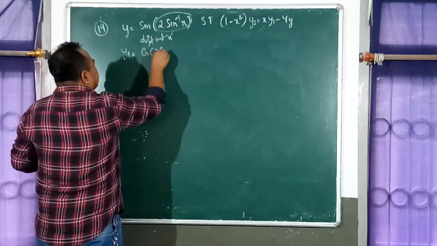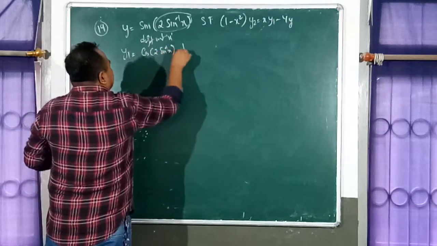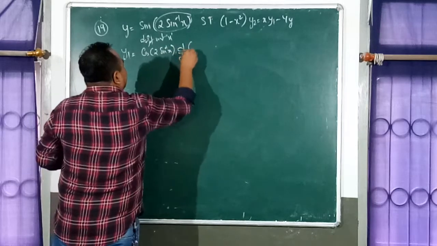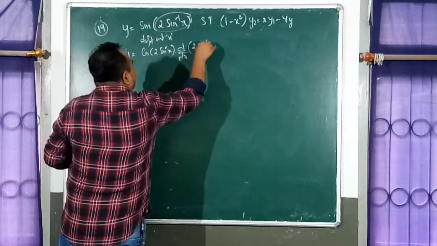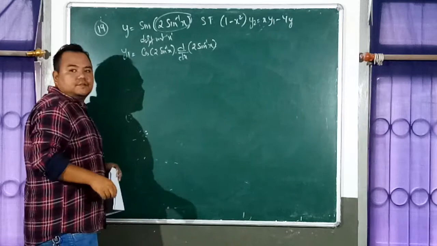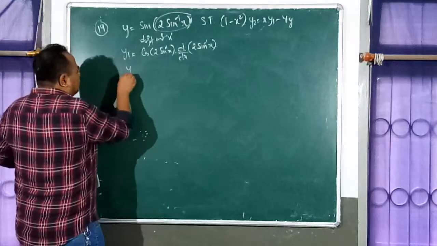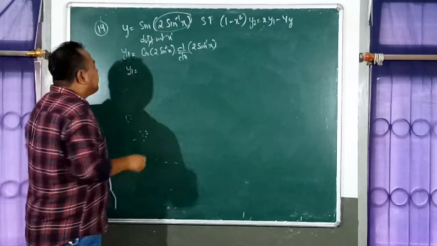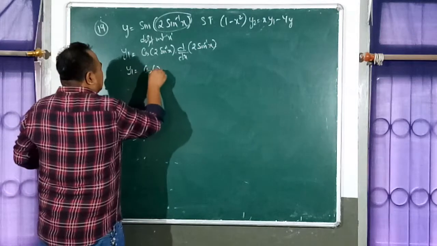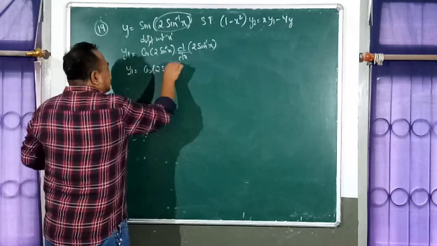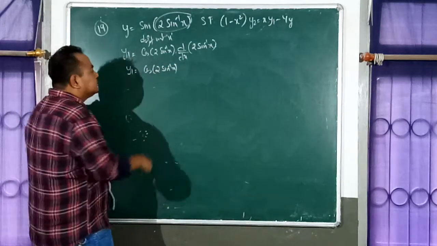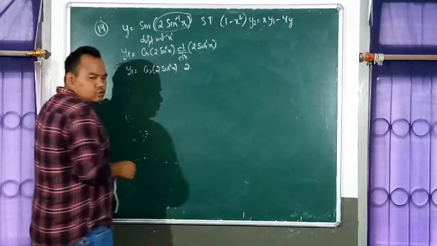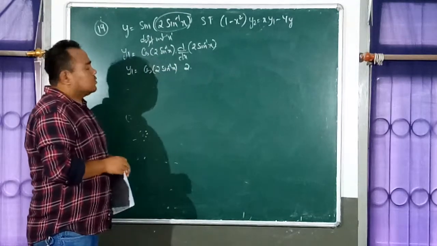It is cos x, but this is just an assumption. So d by dx of 2 sine inverse x. So y1 equal to cos 2 sine inverse x. 2 is a constant.